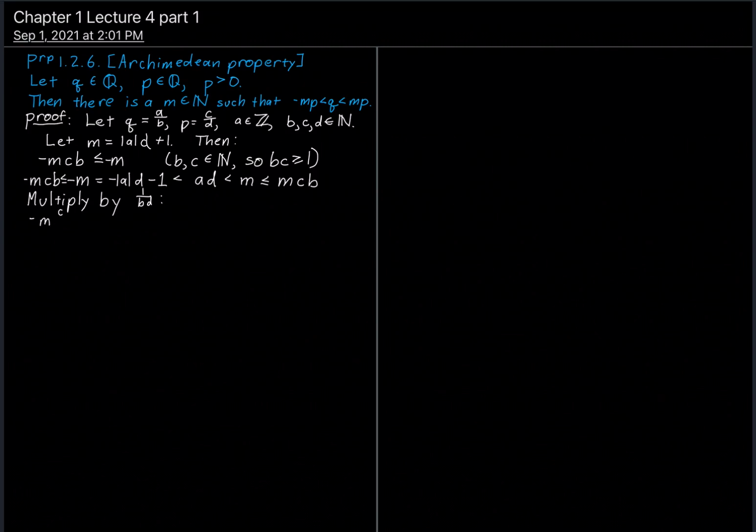Negative M times C over D is less than or equal to A over B, which is less than or equal to M times C over D. We're only grabbing this piece and this piece and this piece here.